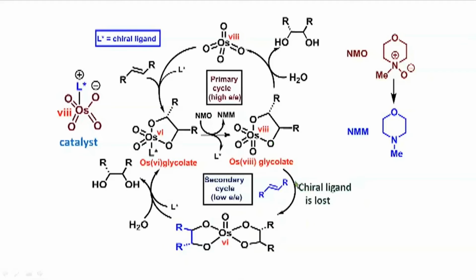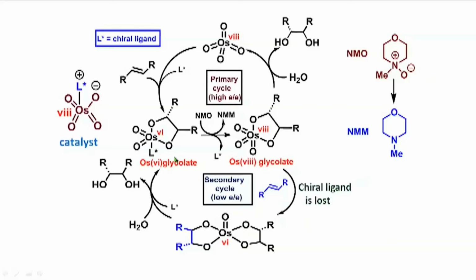Now this oxidation of olefin by the osmium(VIII) glycolate is of low enantiomer selectivity because the chiral ligand is not involved in this particular process. When this osmium(VI) species gets hydrolyzed, it releases the diol, but this diol will be of low enantiomer purity.